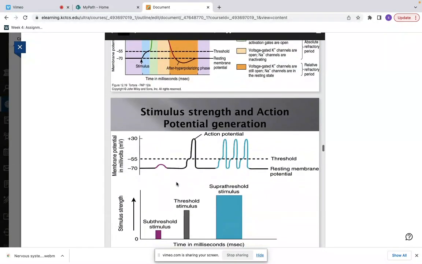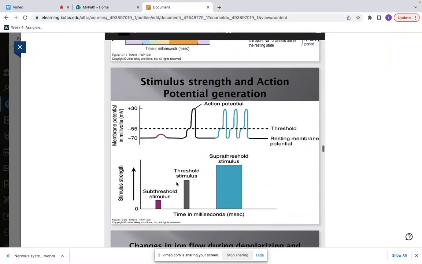So here, this is showing you the resting membrane potential being present at -70. You have a subthreshold stimulus, and again, we don't have firing of an action potential. Okay, it hasn't reached the threshold. It's the all or none principle. And we've reached the resting membrane potential. We don't have anything, and eventually we have firing of the action potential.